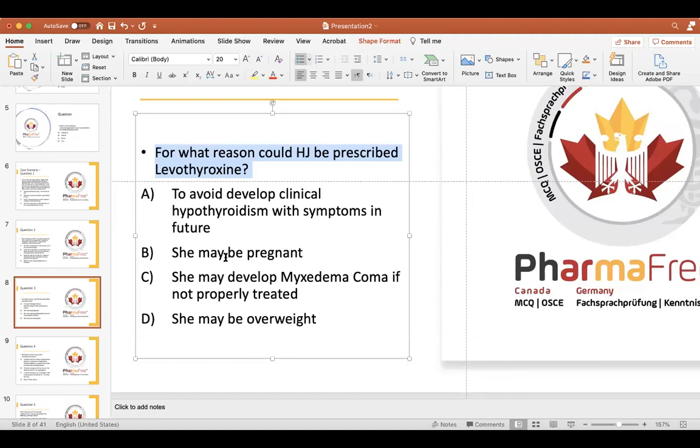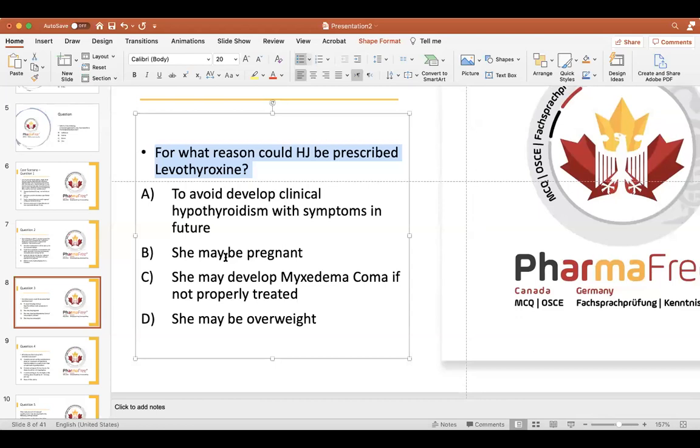Atrial fibrillation, elderly, and pregnancy, and there's a fourth one. No, my friend, atrial fibrillation and elderly are in hyperthyroidism. Yes, but in hypo: pregnancy, dyslipidemia, and symptoms.